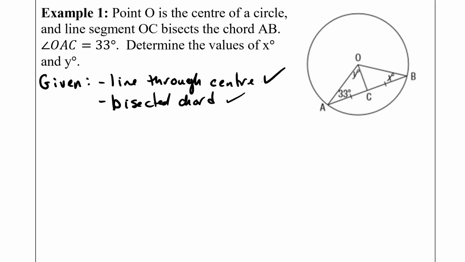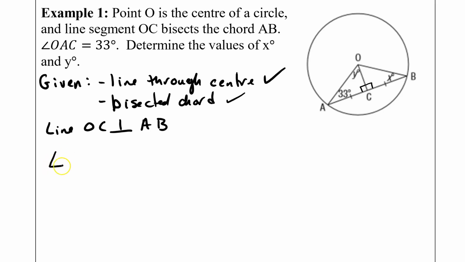So what that implies is that line OC is perpendicular to AB. So what I'm going to do is draw in my little right angle right there, because we can use this very helpful information to discover what Y is.